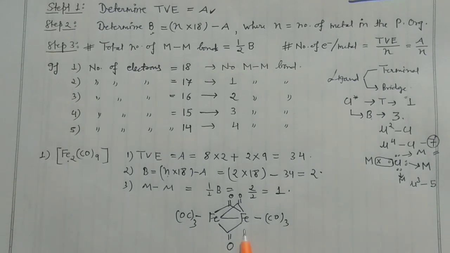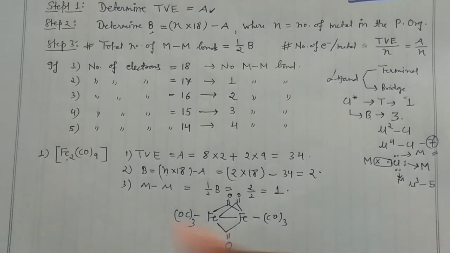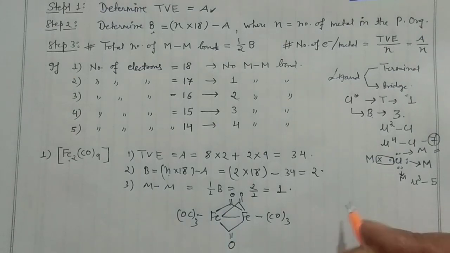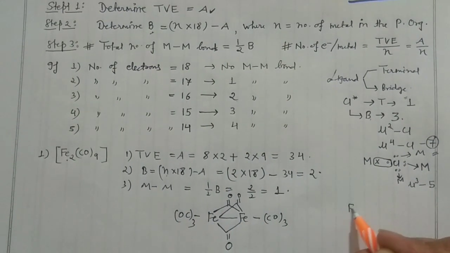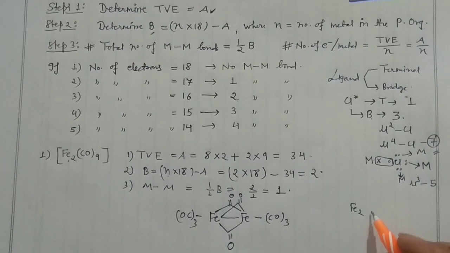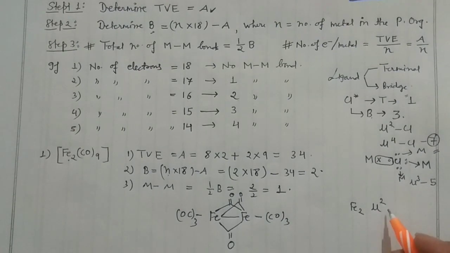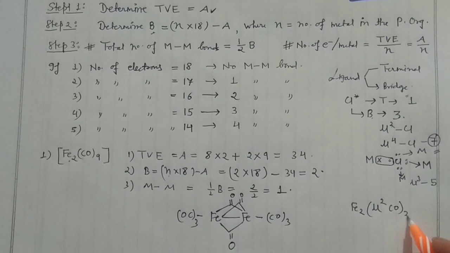But whenever you have metals of the first transition series, then definitely you will have a metal-metal bond between them. So if you want to write the structure properly for this one, you will write Fe2, and you see (μ2-CO) thrice.